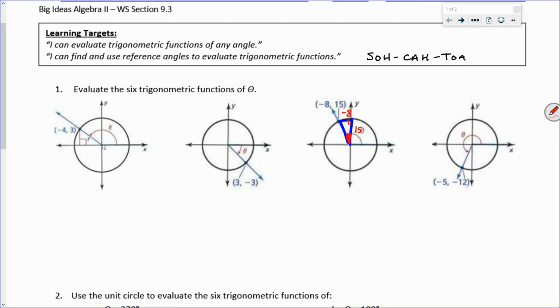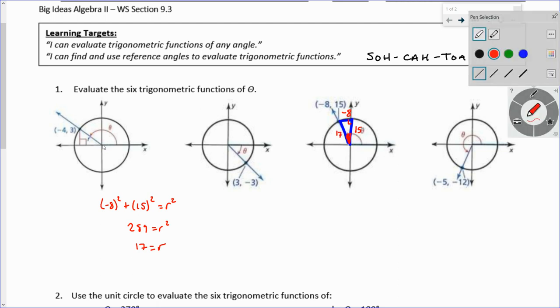So I'm going to write over here, use plenty of room: -8 squared plus 15 squared equals r squared. 64 plus 225 is 289. If we square root that, it's 17, which is great because now we don't have to mess with radicals.